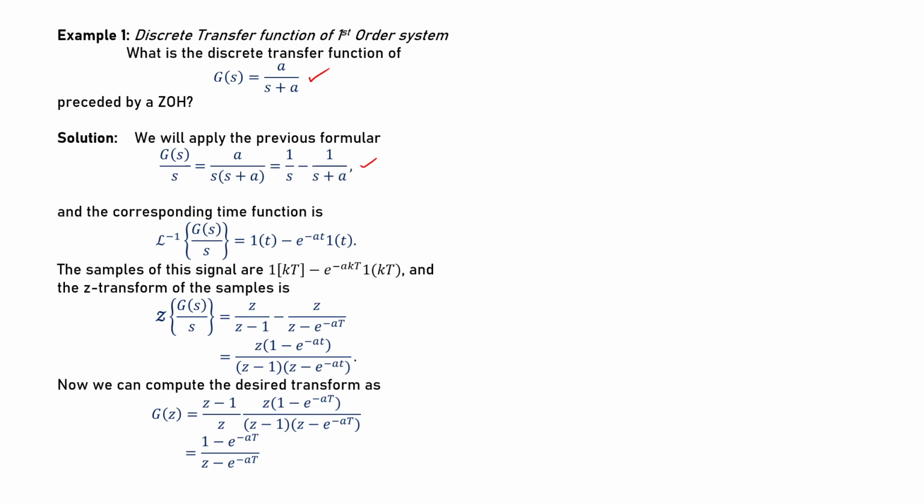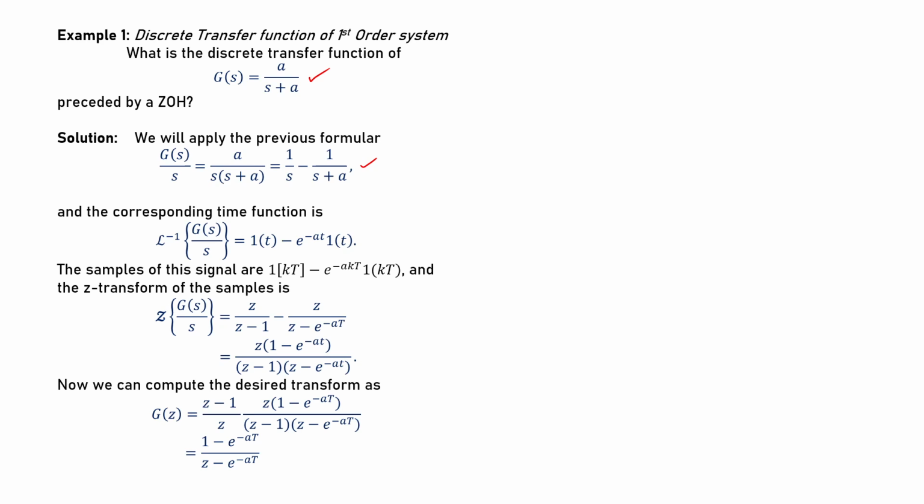I hope you still remember how to do this, and then find the inverse Laplace transform of G of S over S. So in this way, if we don't use tables, if we want to find the Z transform step by step, then you can follow this process.